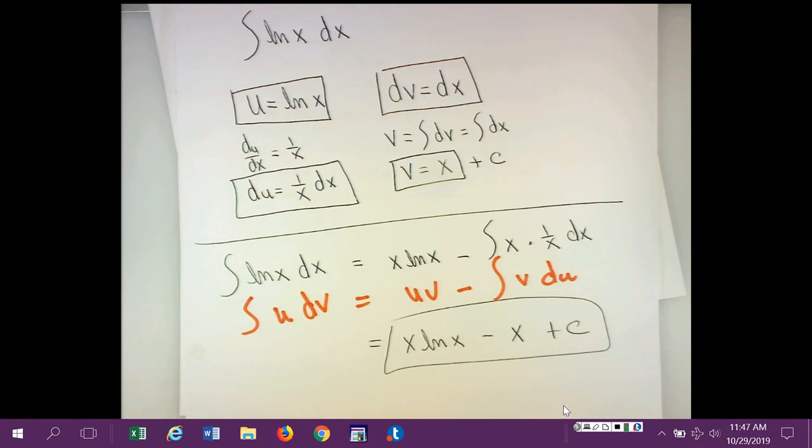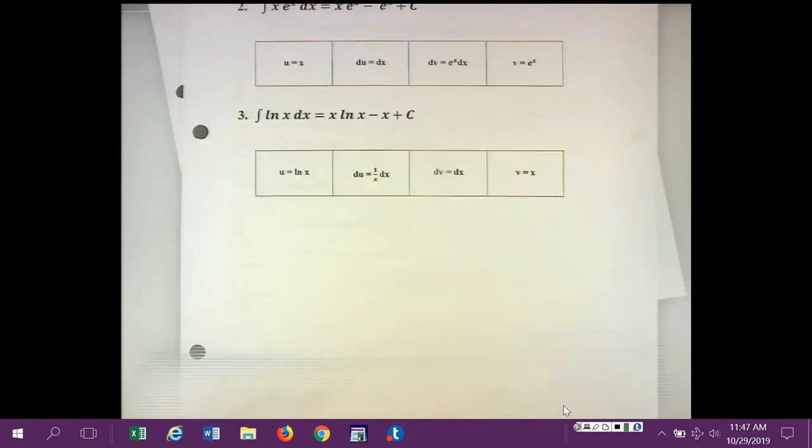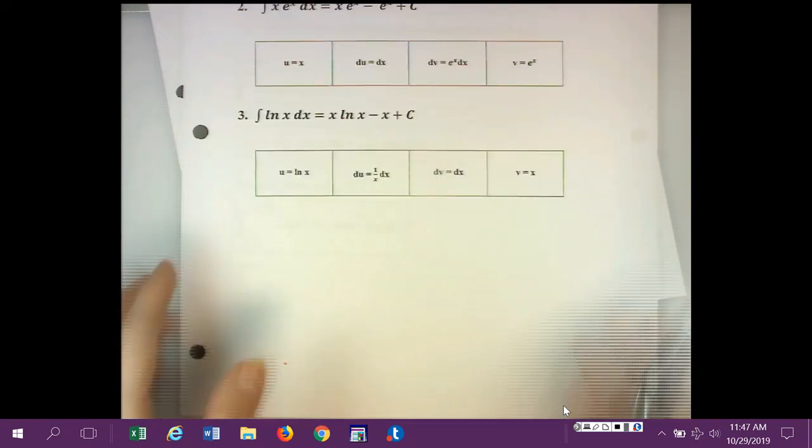And that concludes this lecture presentation on some basic integration by parts. Again, this is the very basic information. There are times when you have to go over integration by parts more than once. Sometimes you have to do it twice.